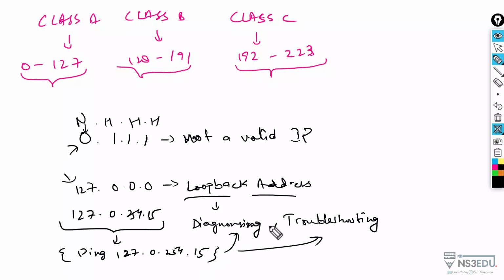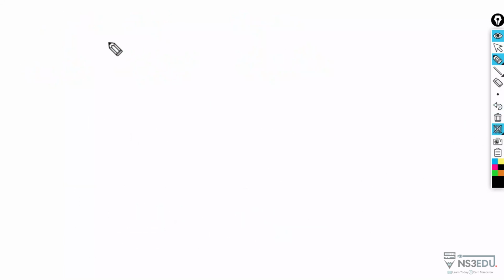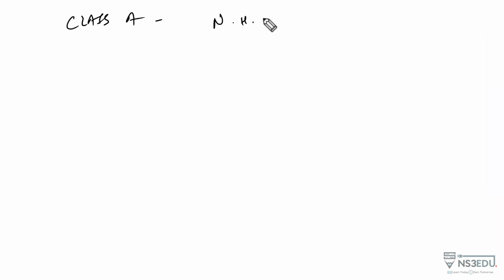All right, now in class A, as I said, there was a network portion of the first octet, and all other octets are for the host portion. How do we come to know that this is the network portion and this is the host portion? There is actually a dividing line here.